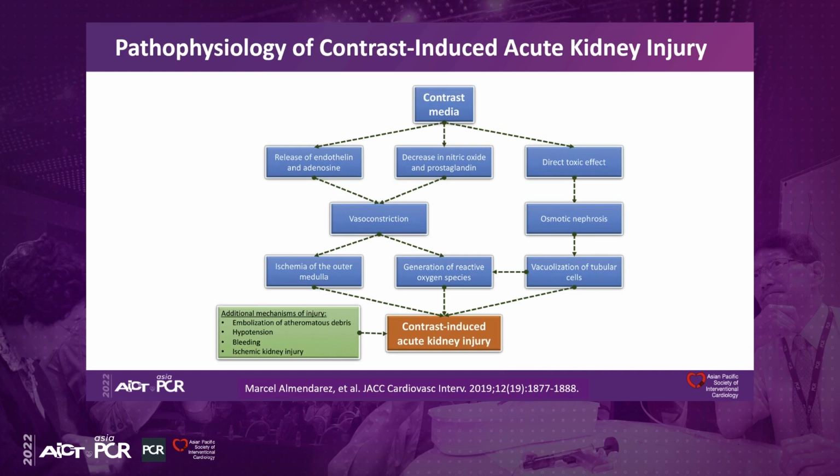Next, please. In terms of the pathophysiology of contrast-induced AKI, there are 3 parts. One is that contrast medium can release endothelin and adenosine, and also decrease nitric oxide, which will cause vasoconstriction, ischemia of the outer medulla, and generation of reactive oxygen species, which will finally induce contrast-induced AKI.